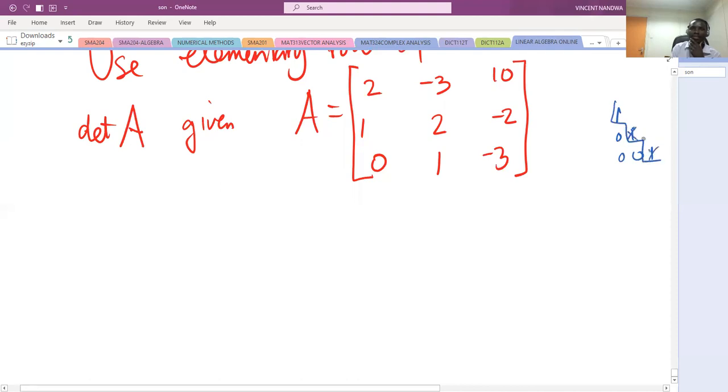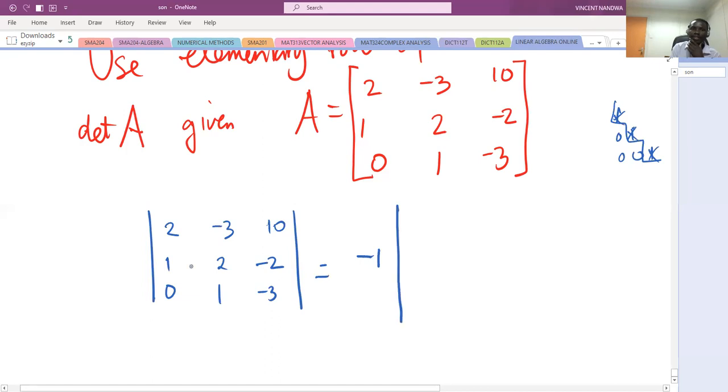So these may be non-zero elements, but this is what you have. So determinant of A, which is denoted by this, 1, 2, minus 2, 0, 1, minus 3, is the same as negative 1.